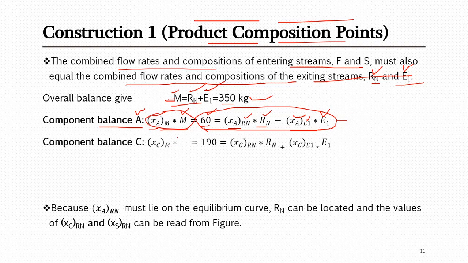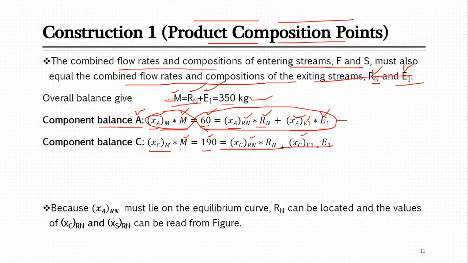Similarly we have to apply the balance on C. C was the carrier, and we multiply its calculated mass fraction in a similar way with the total amount, and we get its value, that's 190, and that is equal to its split amount in raffinate and extract times their total amounts.